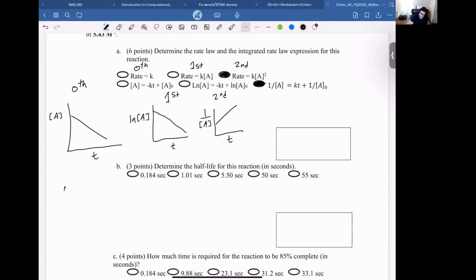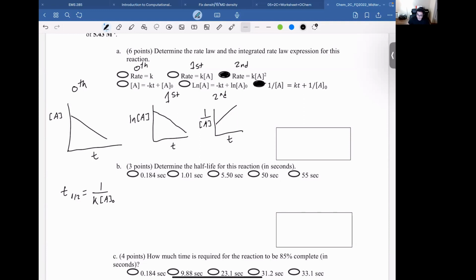So if you want to determine the half-life for a second order, I believe it's 1 over K times the concentration. Let me just double check. That's correct.